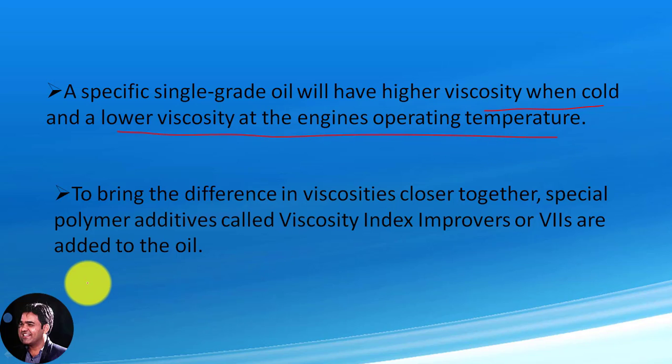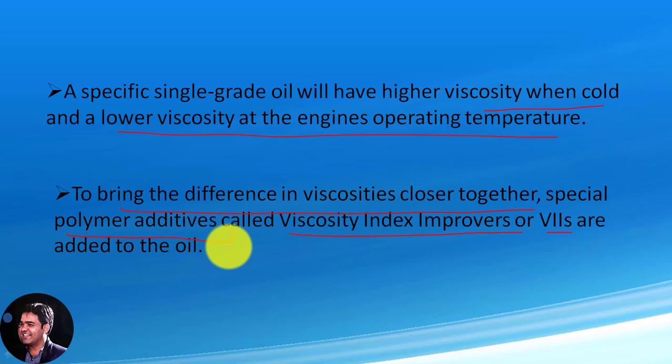So to achieve the combined property of single grade engine oils, to bring the difference in the viscosity closer together, special polymer additives are added to produce the multigrade engine oil. These special polymer additives are known as viscosity index improvers, VIIs.